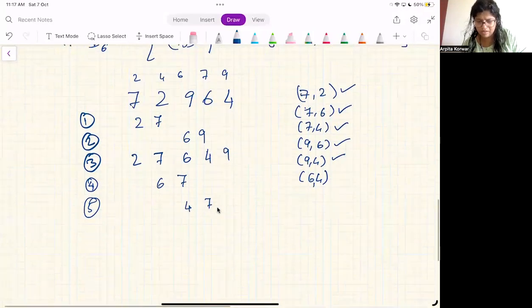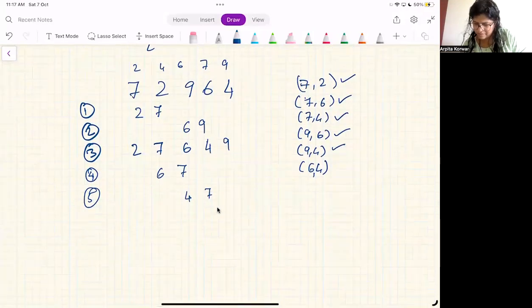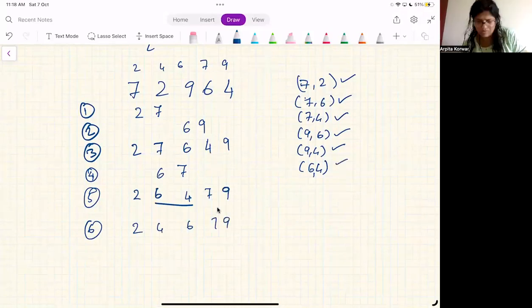Then 7 and 9, there is nothing. Now the tally looks like 2, 6, 4, 7, 9. And next time we are going to exchange 4 and 6. So the number of swaps will be equal to the number of inversions.